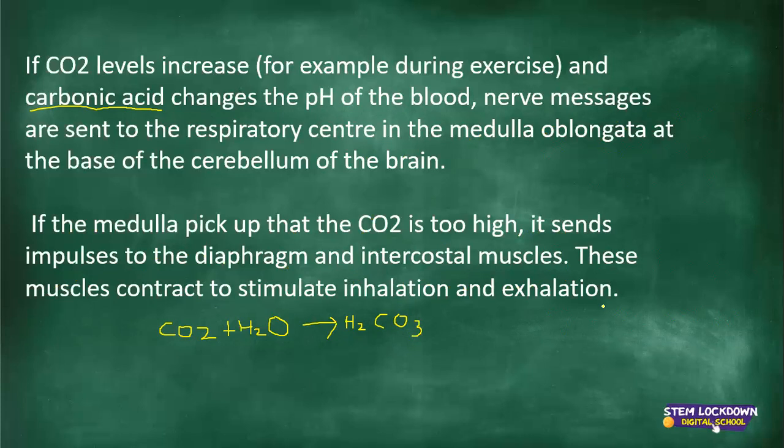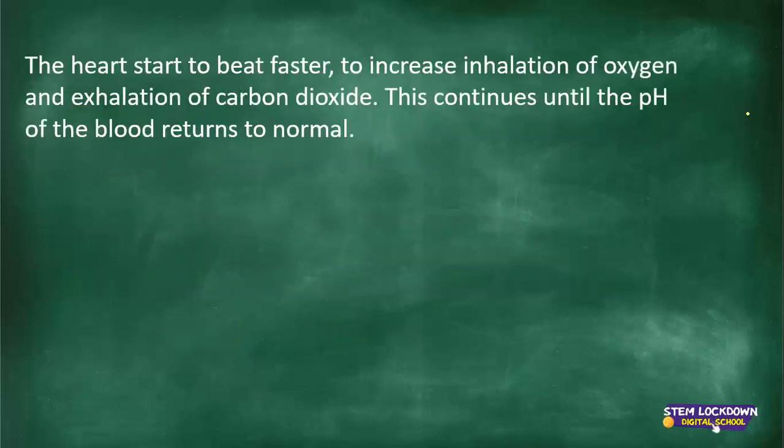So the medulla oblongata sends those impulses to allow the muscles to contract to stimulate inhalation and exhalation. Inhalation so that more oxygen can be taken in, exhalation so that more carbon dioxide will go out.